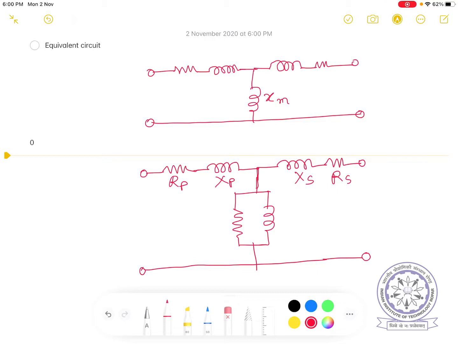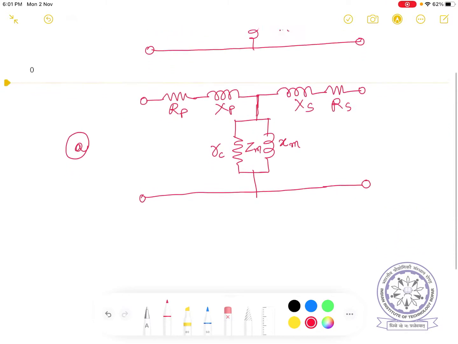Rp, and Xp is the leakage reactance of the primary, Xs is the leakage reactance of the secondary, Rs is the resistance of the secondary winding. And then the shunt branch Zm, normally written with Rc, the core loss component resistor, and Xm. This is the equivalent circuit of a transformer if core losses are to be incorporated.